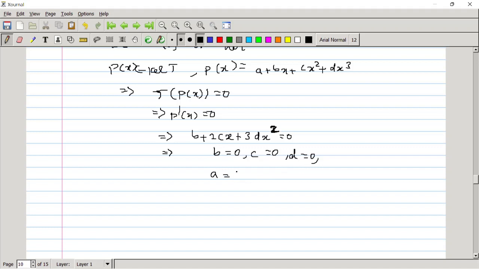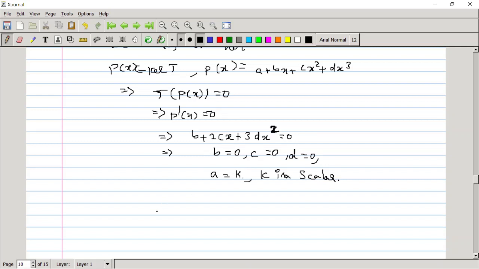So we can take a equal to any constant k, where k is a scalar. So for any scalar a equal to k, the derivative p'(x) equals 0.